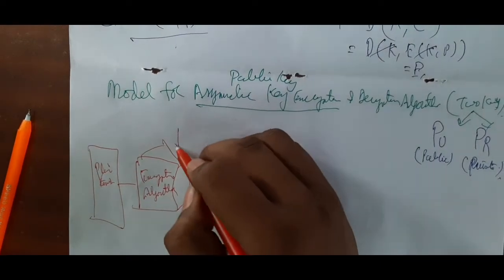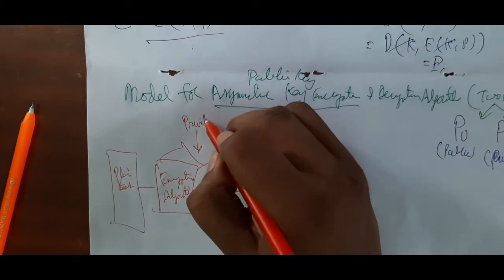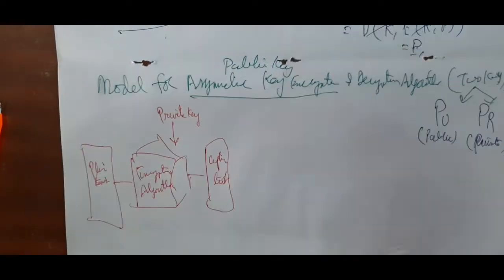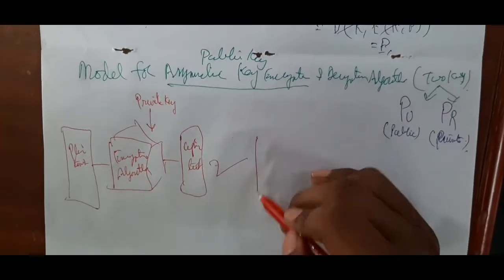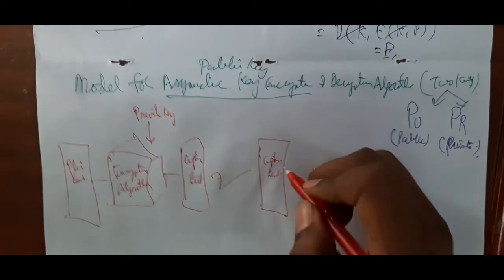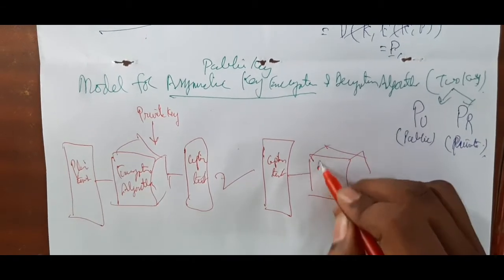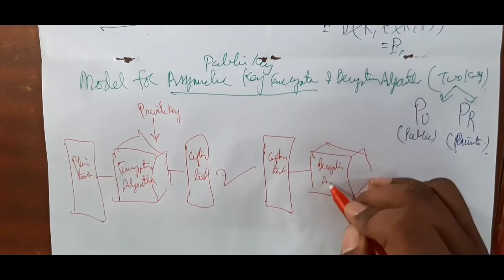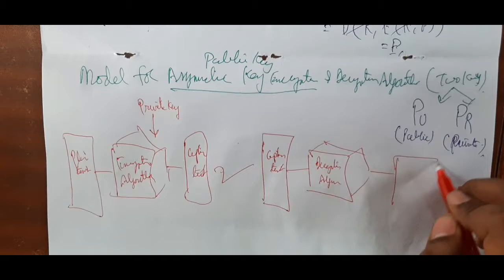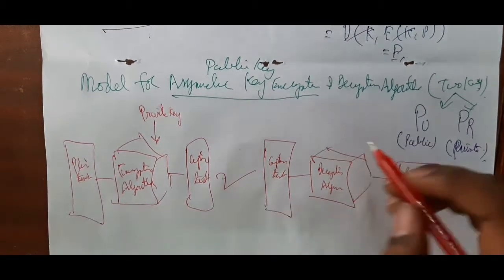And the key that you are going to use here is the private key, right? And the communication channel, the same old concept. So ciphertext, and this particular ciphertext is given to the decryption algorithm. You'll get back the plain text, but here also we need to use a key.